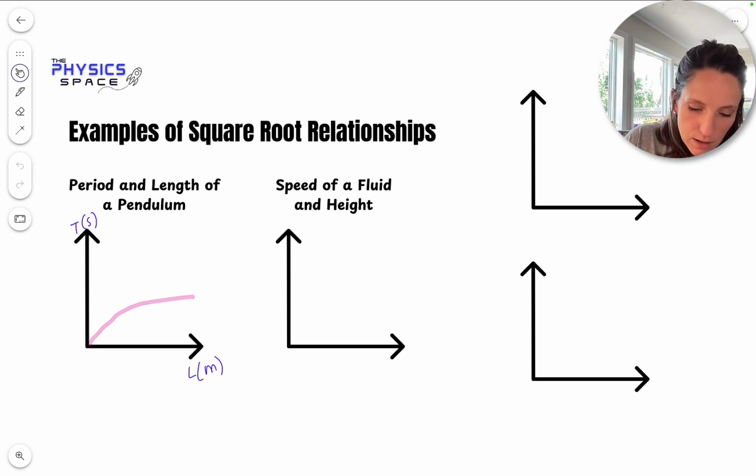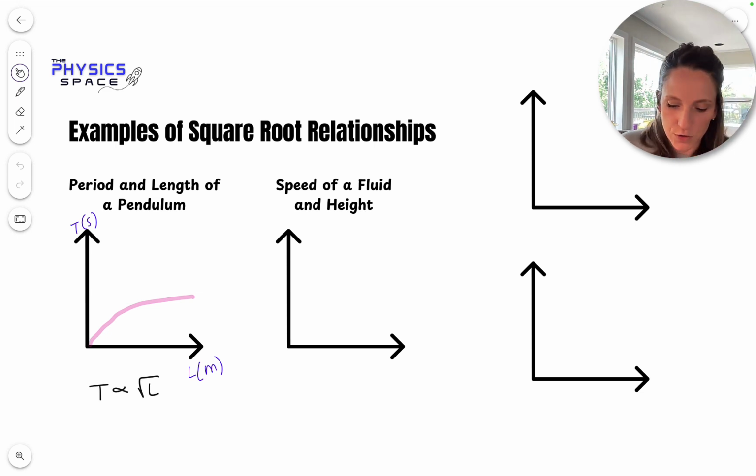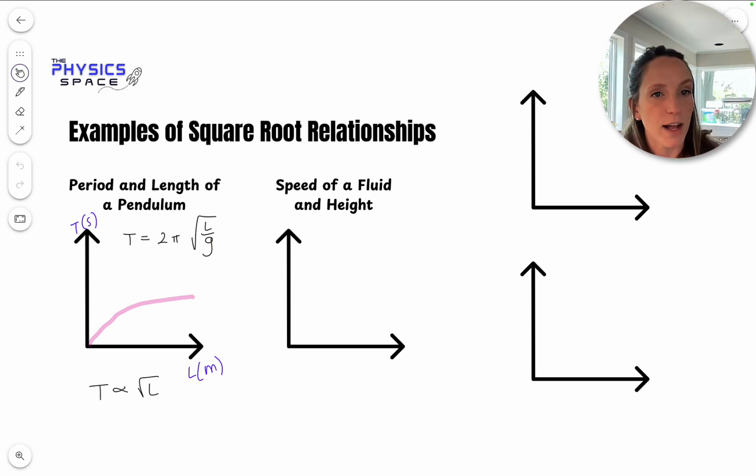And if we look at that graph, we want to recognize that square root of x shape to be able to say that the period is proportional to the square root of the length. And we can validate that by remembering that we have this equation where the period is equal to 2 pi times the square root of L over g. So if we cut out the 2 pi and the g, switch our equal sign to a proportionality sign, we come up with this proportionality here.